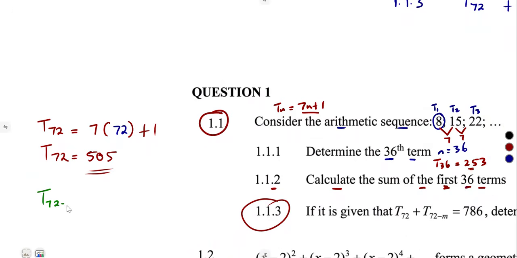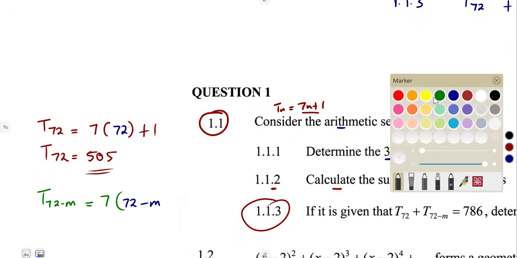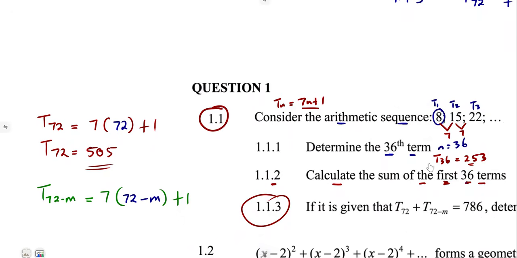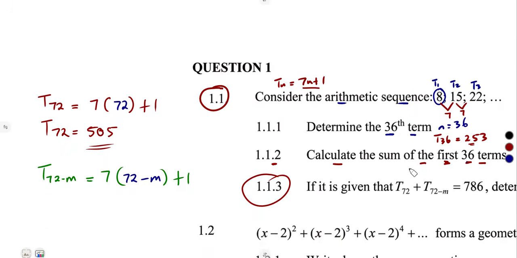So let's also do this one for T72 minus M, meaning to say in place of n, we are going to substitute 72 minus m. So that was 7 into 72 minus m, and there is a plus 1, remember. If we simplify this, let us distribute by 7.